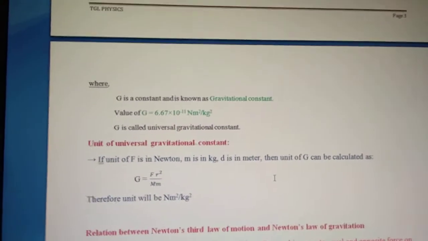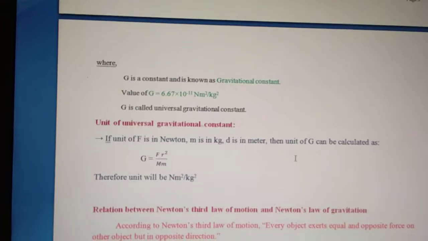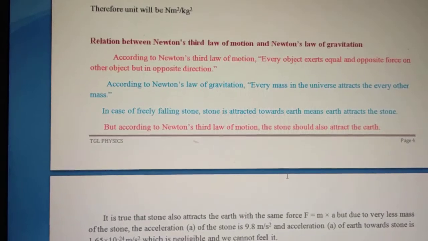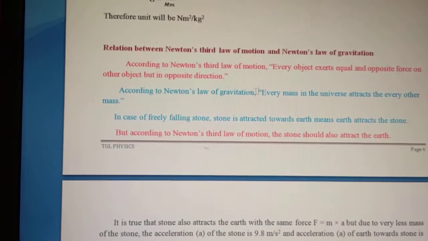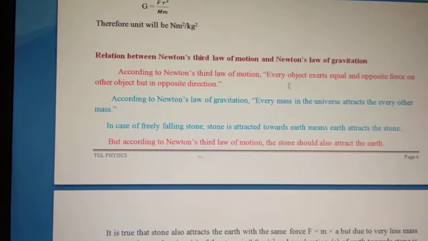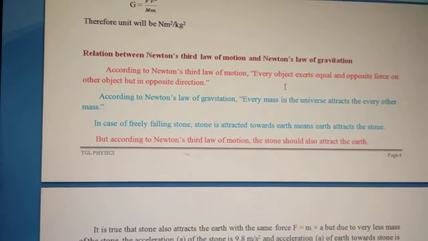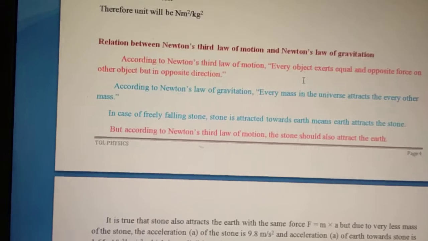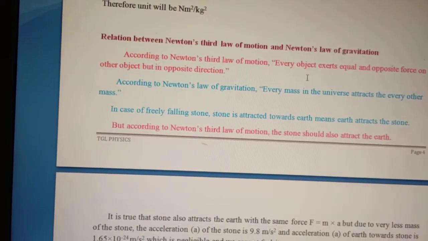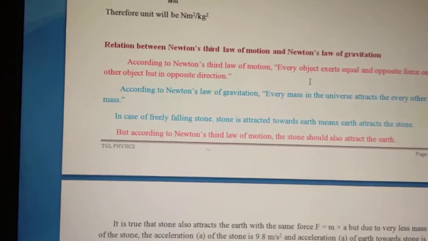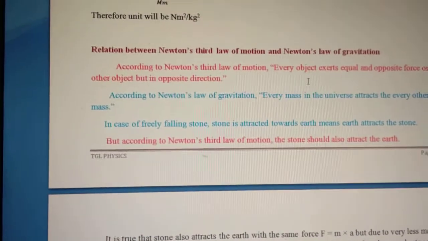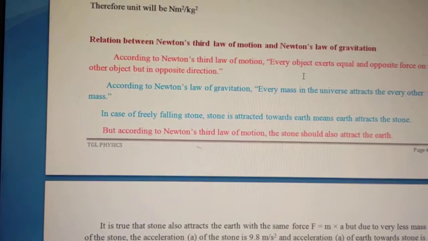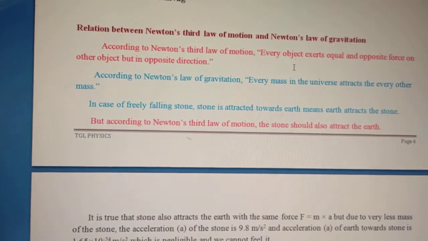Now we have a relationship between the third law of motion and Newton's law of gravitation. According to the third law of motion, every object exerts an equal and opposite force. You already know that F1 is equal to minus F2 from the last chapter. According to Newton's law, every mass in the universe attracts every other mass.